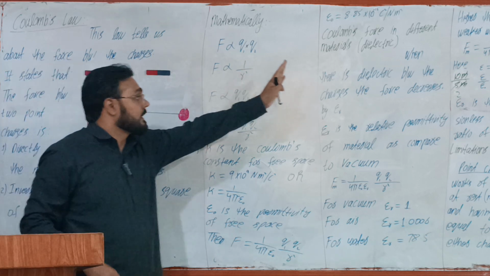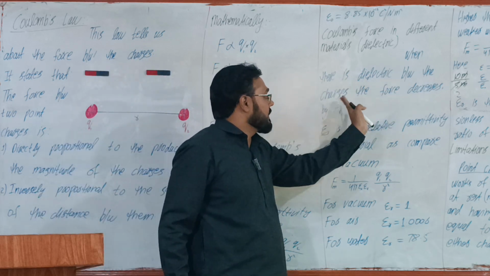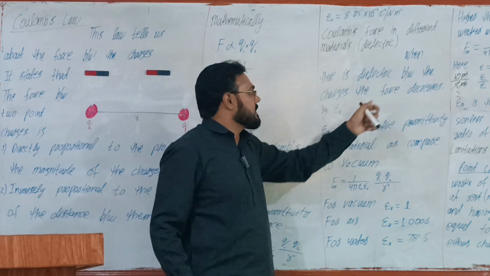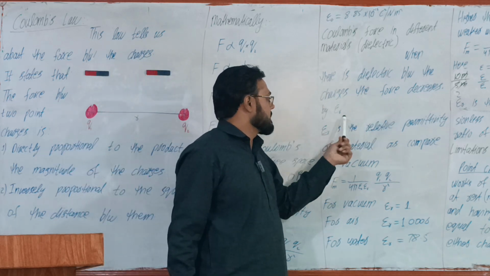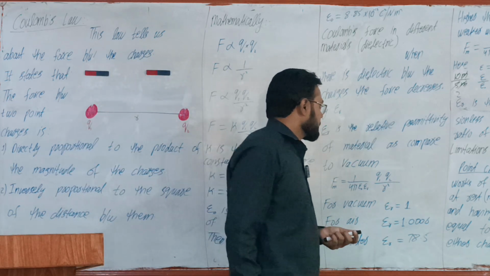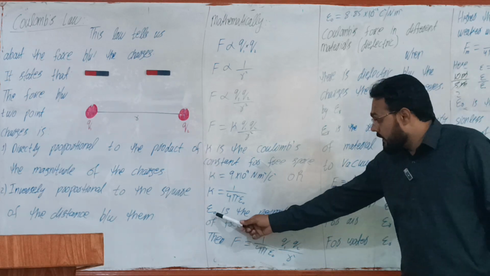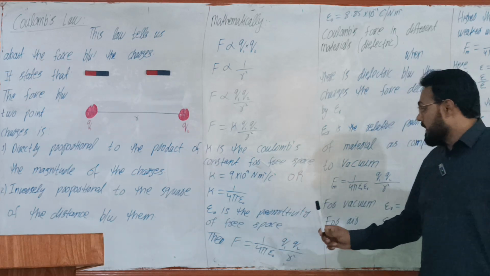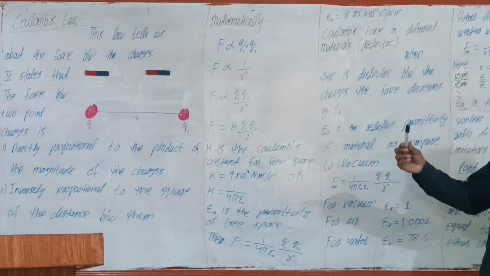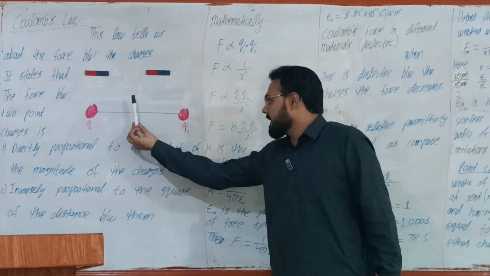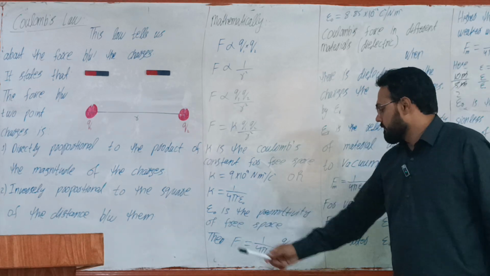So in a material, the force will be decreased. When there is a dielectric between the charges, the force decreases by the factor epsilon r. Epsilon naught is the permittivity of free space. Epsilon r is the relative permittivity of this material with respect to vacuum.